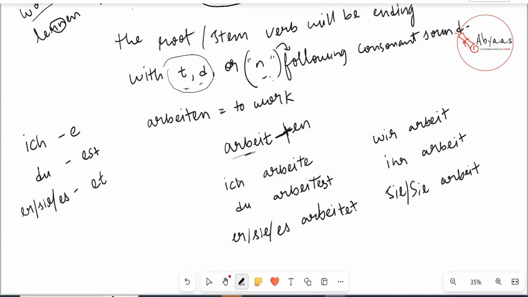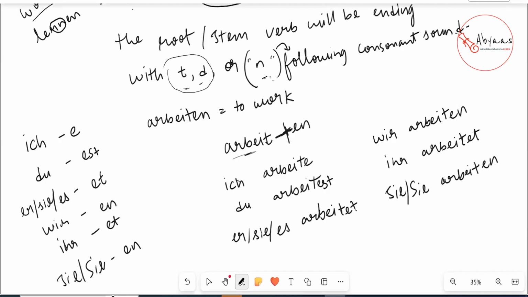So in the first type it was t, now it will be et. Just like first type, I'll be adding en for wir. So in the case of er, what do I need to add? Good. et. Again, the same logic. And sie, en. Got it?